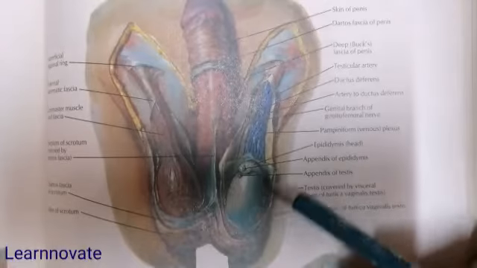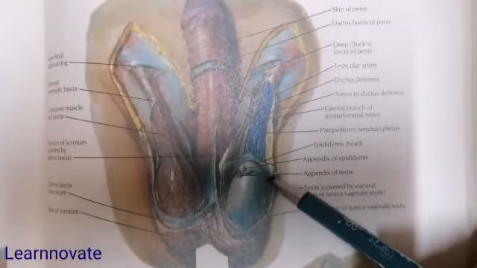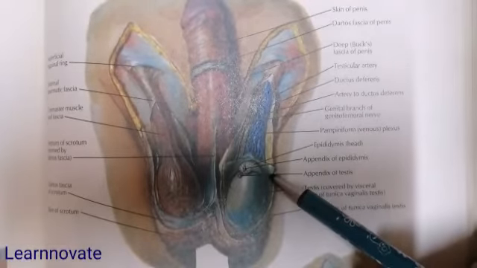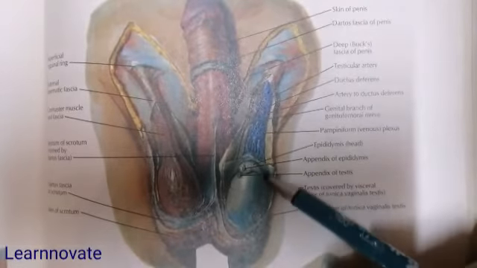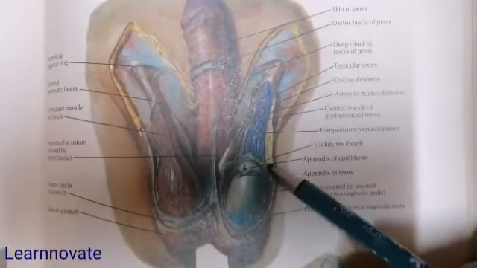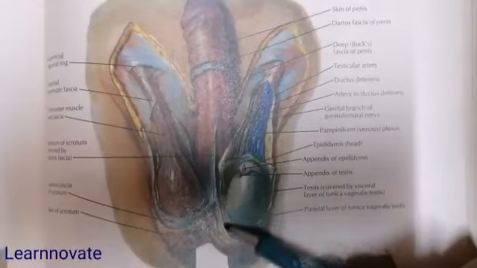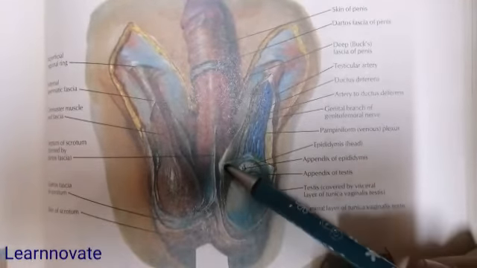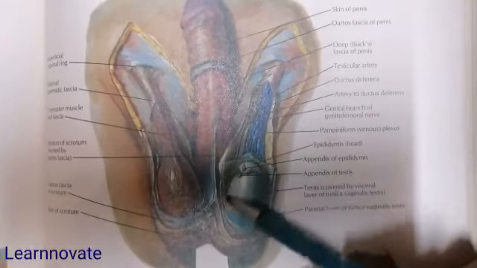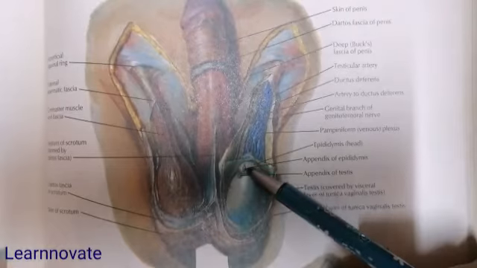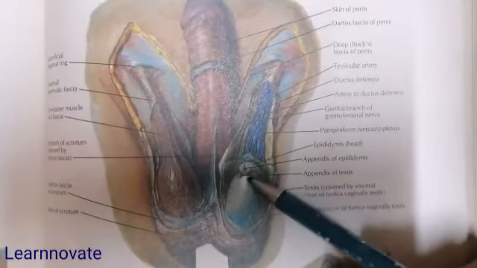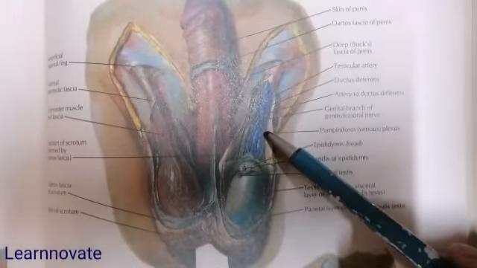Now the testis present inside is itself covered by two layers. The tunica vaginalis of the testis has two layers. The visceral layer is connected with the testis itself, and the parietal layer of the tunica vaginalis is covered by the fascia of the scrotum. The visceral layer of the tunica vaginalis covers the testis, epididymis and the vas deferens.